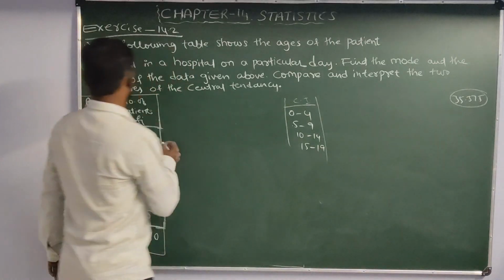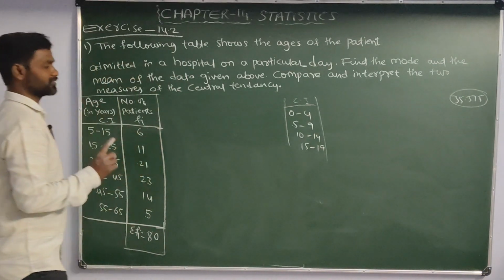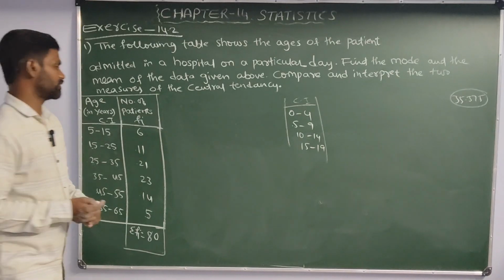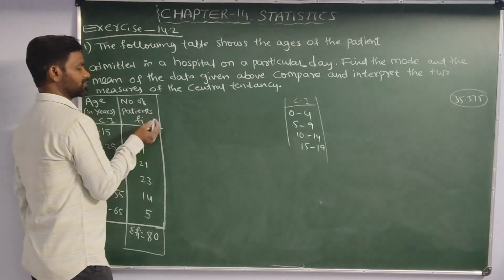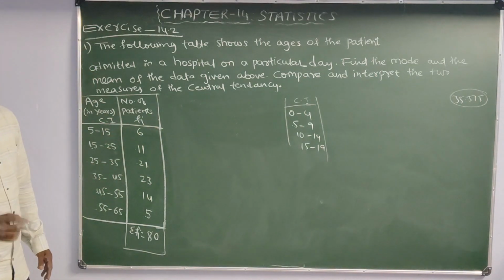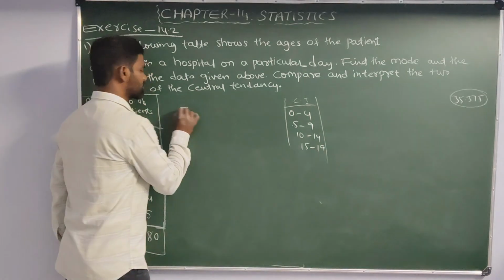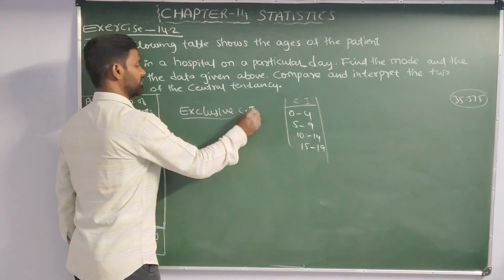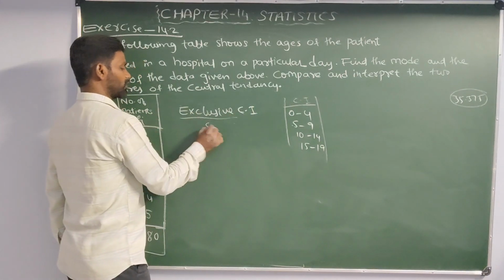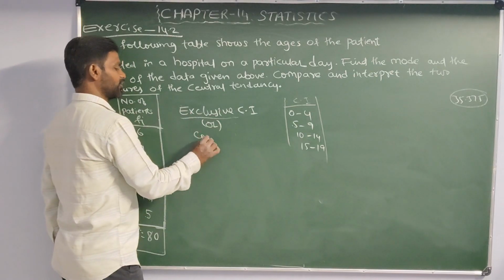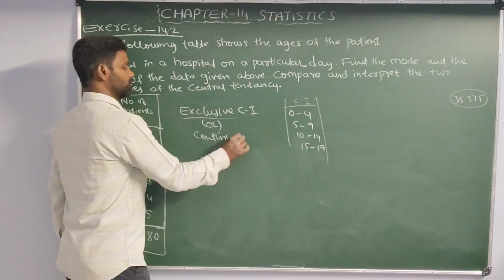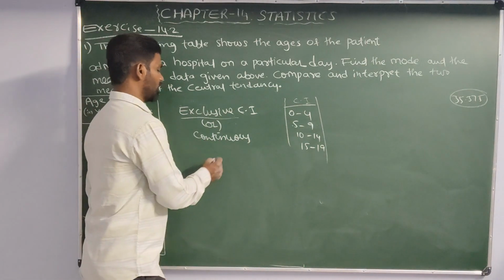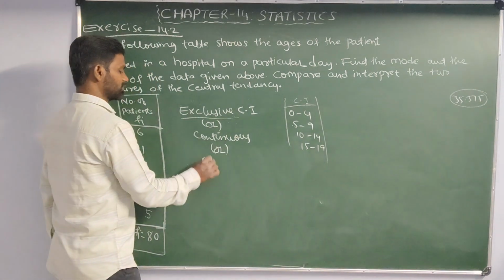So we have two types of class intervals: continuous class intervals and discontinuous class intervals. Continuous class intervals are also called exclusive class intervals. We may call them exclusive class intervals, continuous class intervals, or overlapping class intervals.